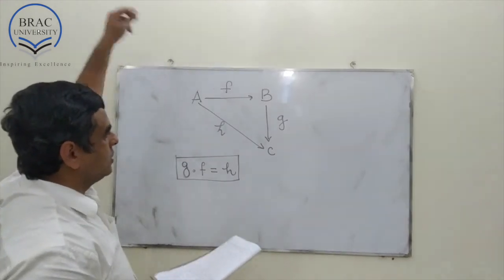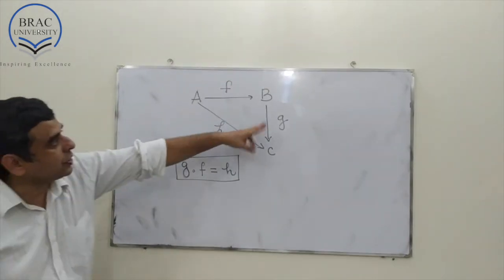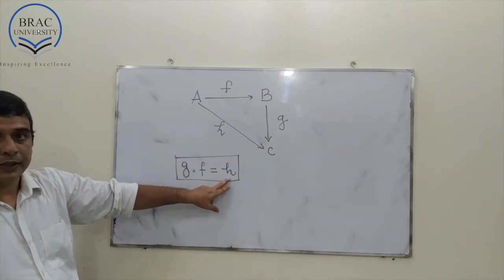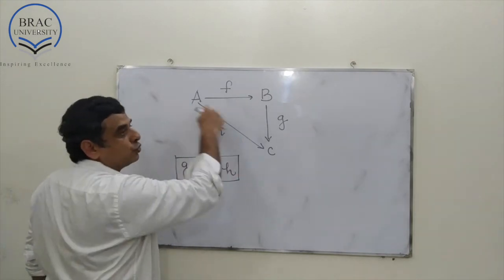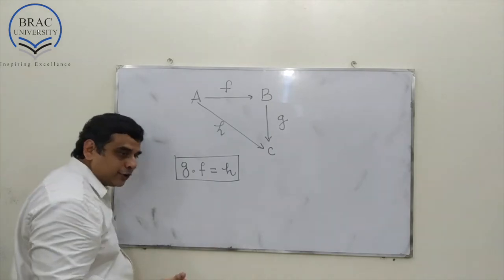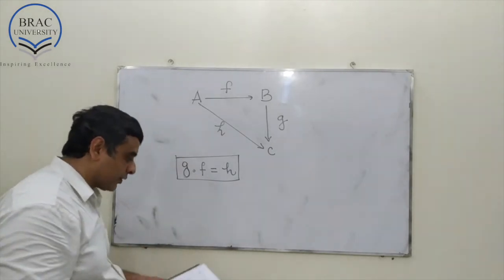We know what it means by the composition of 2 functions. The composition of these 2 functions should be equal to the function H, meaning that you can go from A to C in these 2 paths. If the 2 paths give you the same function, then you say that the underlying diagram is a commutative diagram.